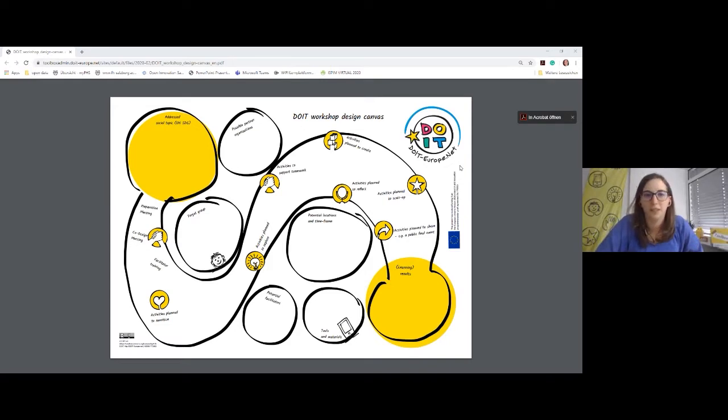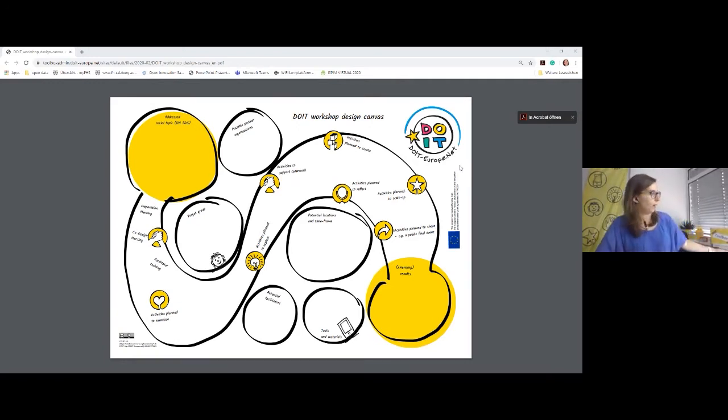And yeah, just diving right in. This week was all about collaboration and planning your own projects, of course. And we already got some great contributions in the forum of your own Do It workshop design canvases. So we shared the workshop design canvas with you in the fourth week, and you can also find it in the Do It toolbox, of course.